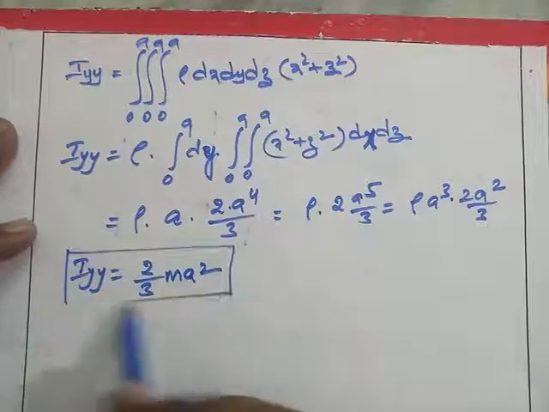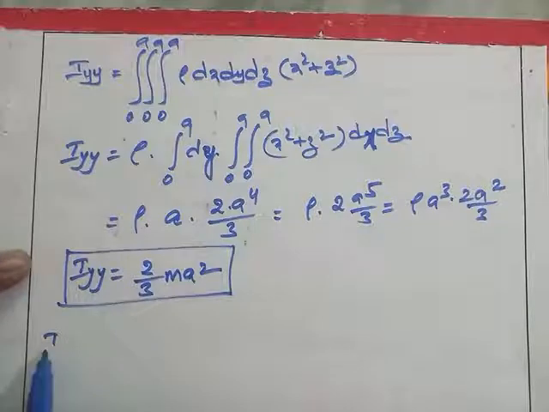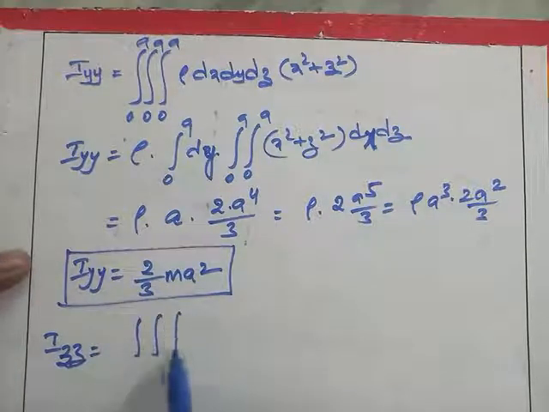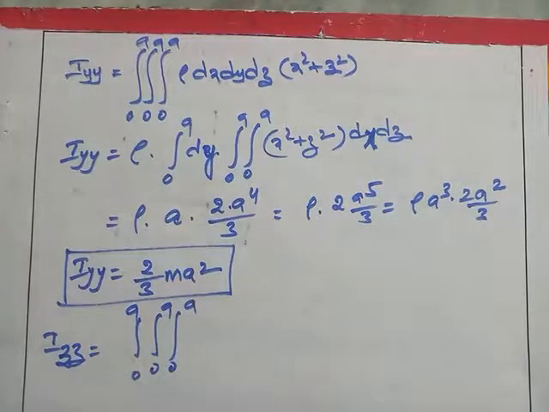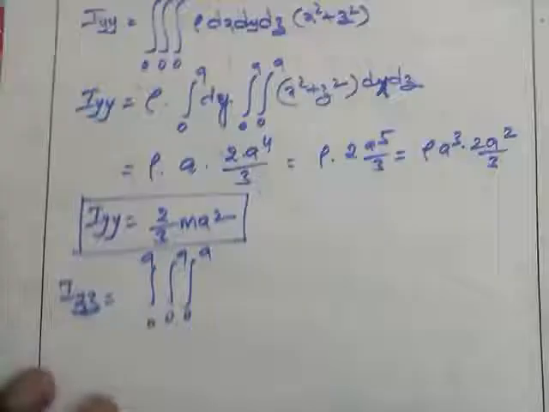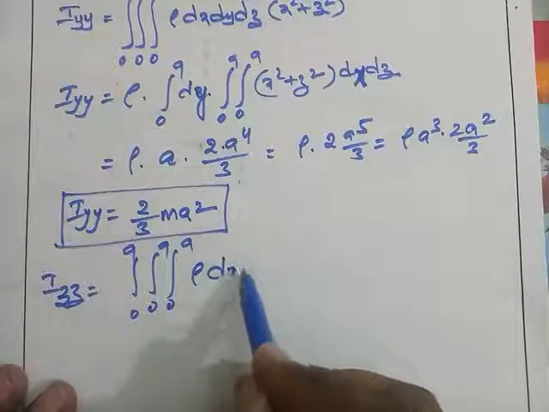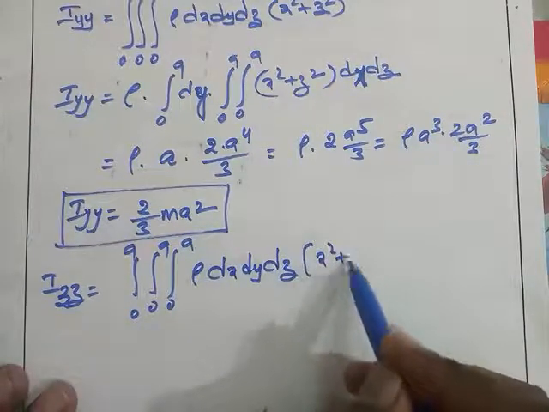So this is one function. And similarly Izz. Let us see how we can get Izz. Here also we'll write 0 to a, 0 to a, 0 to a. And here you write rho into dx dy, the mass of the element, and you will write x square plus y square.